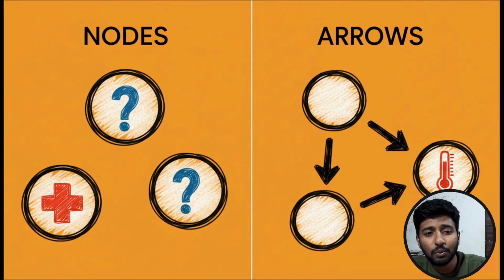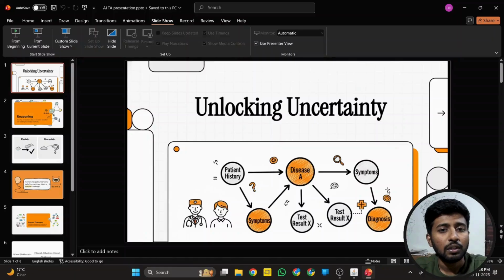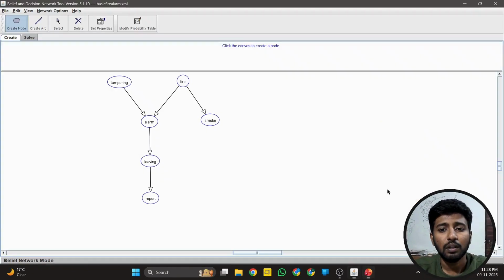There are multiple nodes, just like I've explained in this diagram, and there are directed arrows. It means there is a direction that tells the relation and dependency between these nodes. So let's move toward the example.